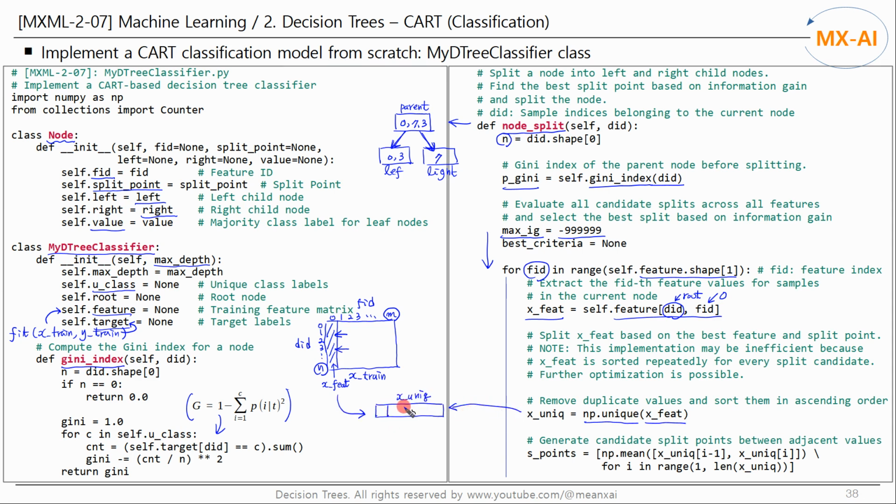For example, suppose the unique feature values are as follows. Then, the averages of adjacent values are used as candidate split points. This gives us the S-points list.